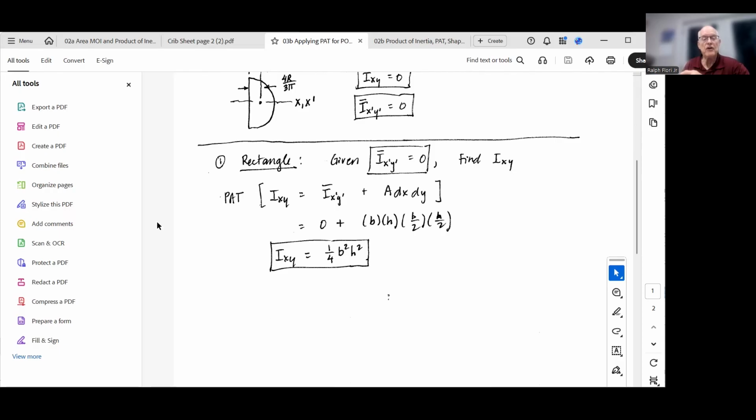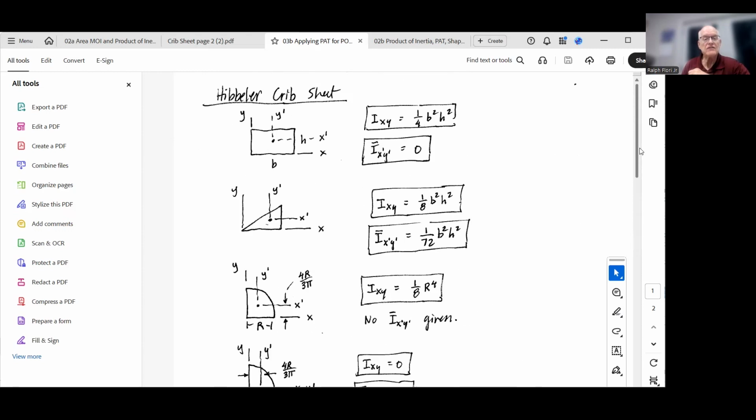We'll apply the parallel axis theorem for product of inertia, and we'll say Ixy is equal to I bar x prime y prime plus A dx dy. I bar is 0. The area is b times h. The dx is b over 2, and the dy is h over 2.